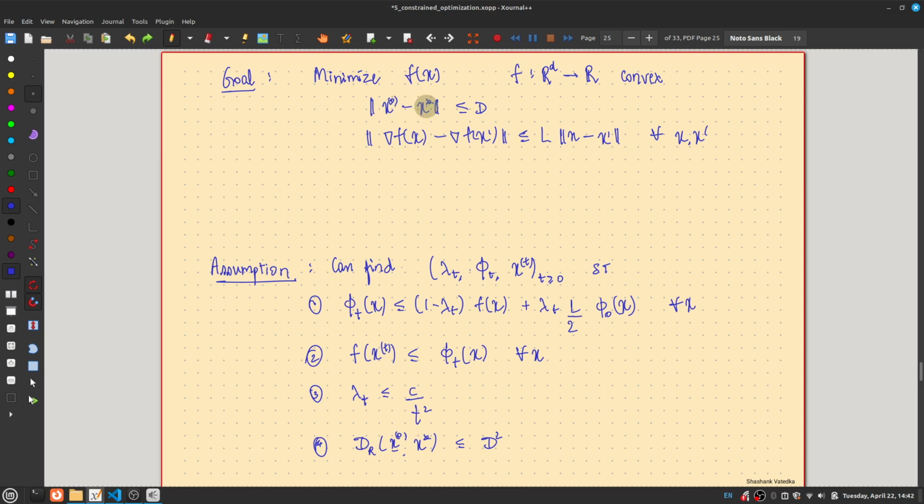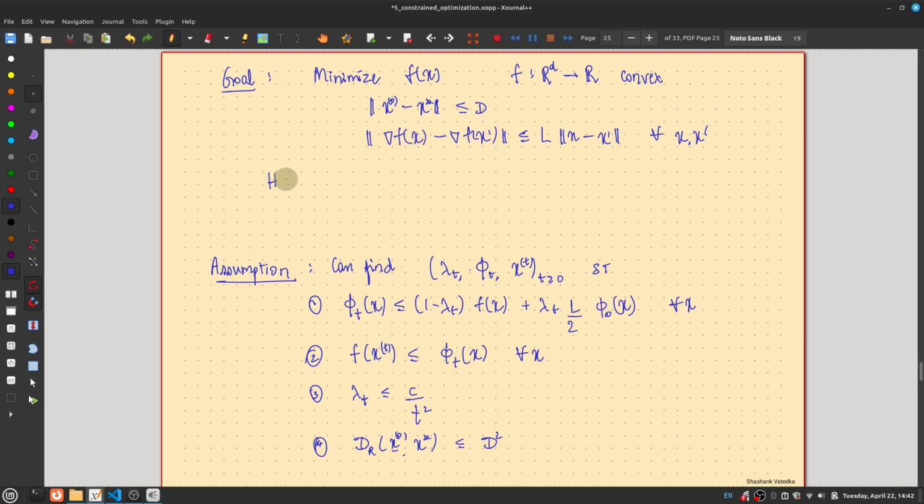So the L2 norm of x0 minus x star is at most some quantity d, and the gradient of f is sufficiently smooth in the sense that the norm of gradient f of x minus gradient f of x prime is upper bounded by some constant L times the norm of x minus x prime, and this holds true for all x and x prime. Okay, so these are standard assumptions that we make.